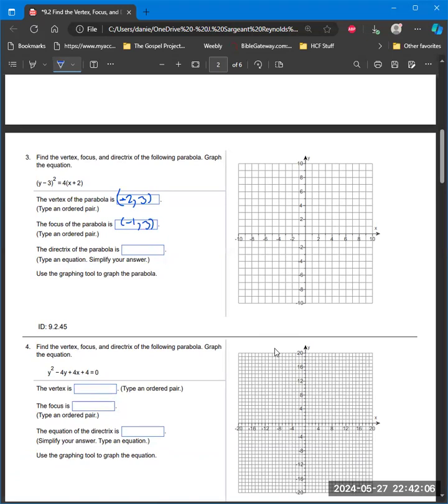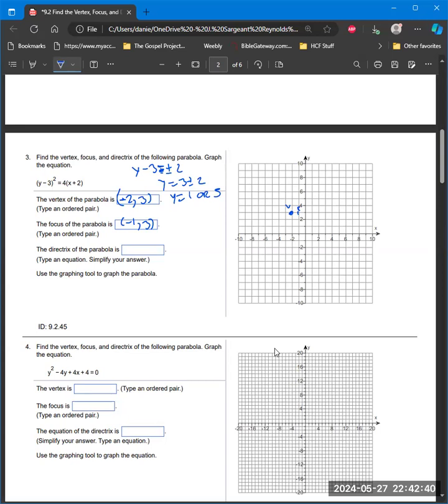So (-2, 3) is the vertex, and (-1, 3) is my focus. And at x equals negative 1, this is going to be y minus 3 equals plus or minus 2. So y equals 3 plus or minus 2. 3 minus 2 is 1, or 3 plus 2 is 5.